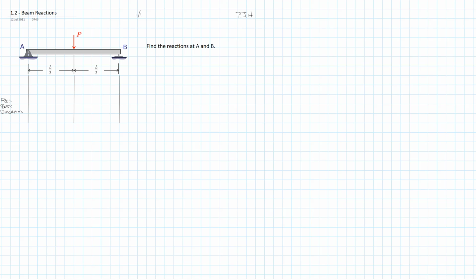So one of the techniques that I've developed over the years, not saying that it's what you have to do or should do, but one that I find is both efficient and clear, is that typically if I'm dealing with a beam or something like that, I extend the geometry of the beam down by just these lines, and that allows us to carry on the dimensioning in our free body diagram and other diagrams we might want to do later on without having to repeat them.